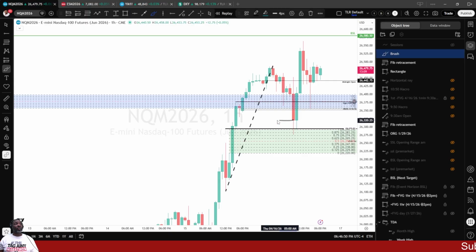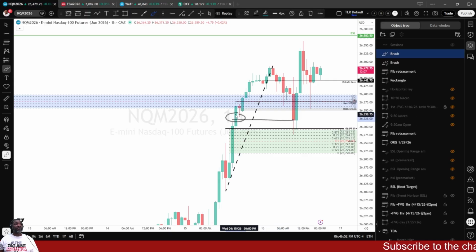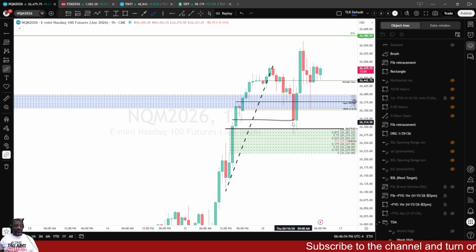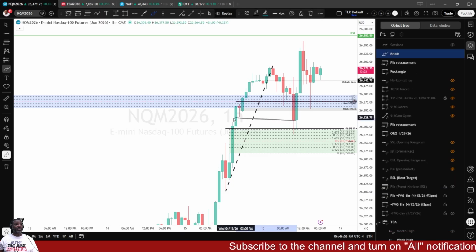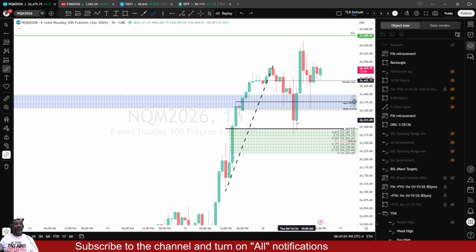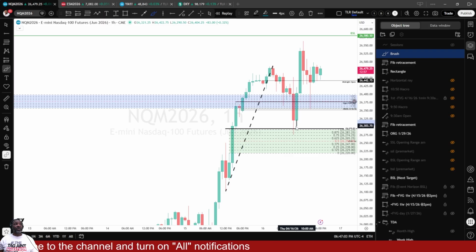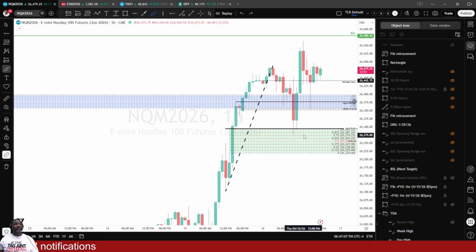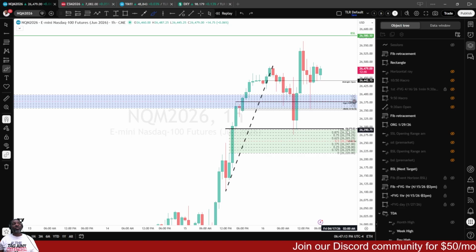And then closed inside of this fair value gap, right? The bodies are still closing inside of it. The wicks are coming down into our discount. We opened up the next candle, dropped down, and kissed it one more time, right? The high of that is 26,292 and a quarter, right?